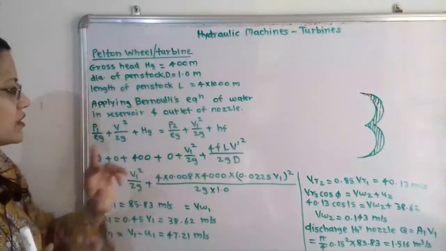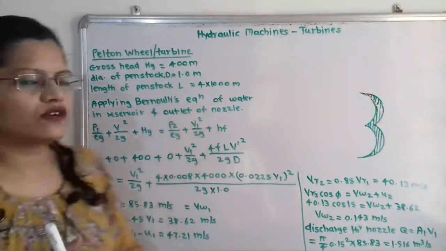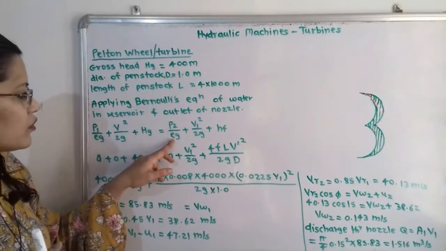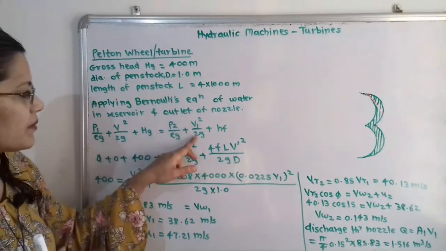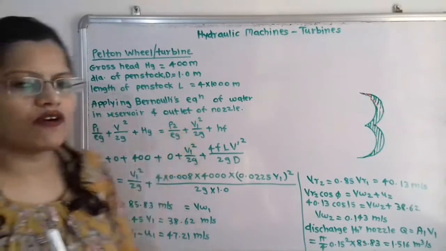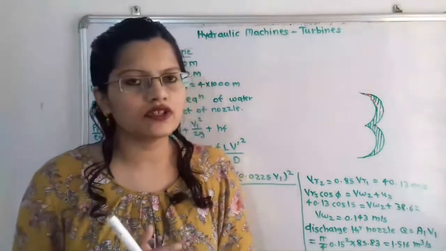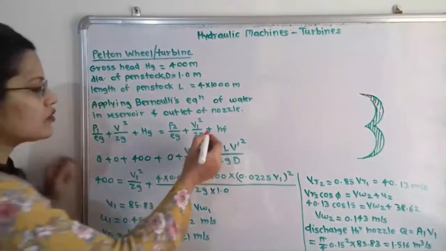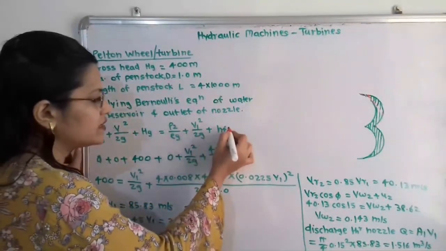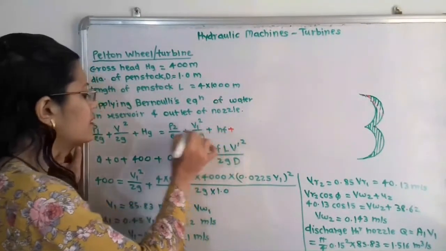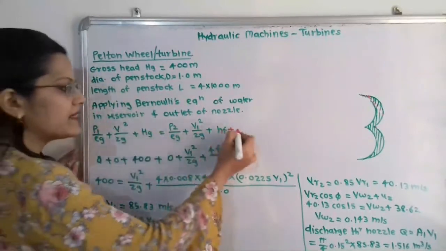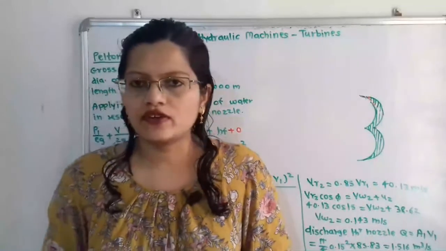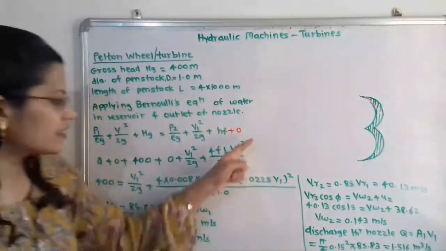This is equal to, at the outlet of the nozzle, P2 by rho g plus V1 square by 2g, because the velocity of water at the nozzle we consider as V1, plus loss of head due to friction, that is HF, plus datum head. The datum head is 0 because the datum line is passing through the center of the nozzle. So here is the equation.